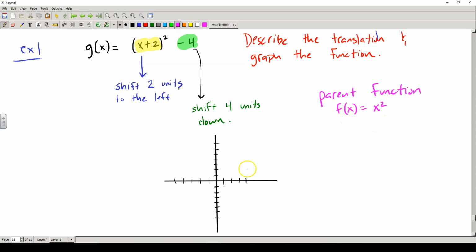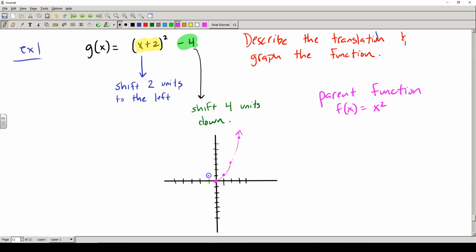That's going to be 0, 0. If I plug in 1, I get 1. If I plug in 2, I get 4. If I plug in 3, I get 9, which is way up here. And I'm going to sketch this parent function here.